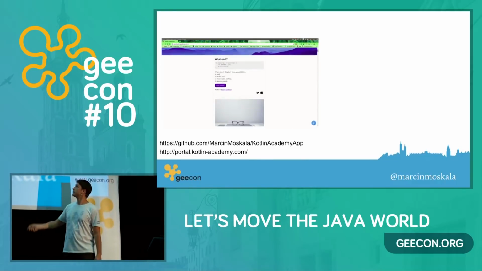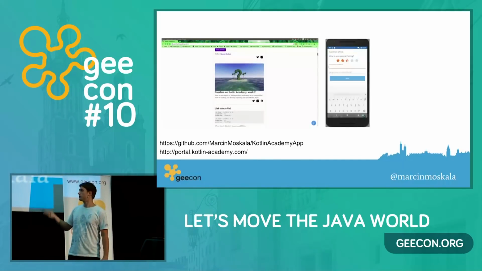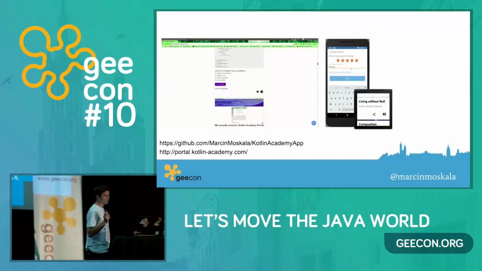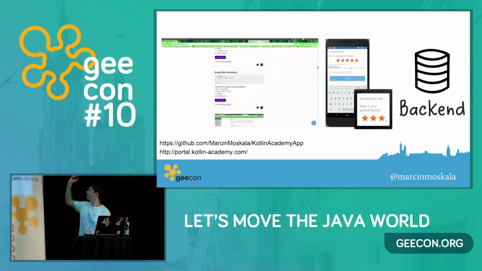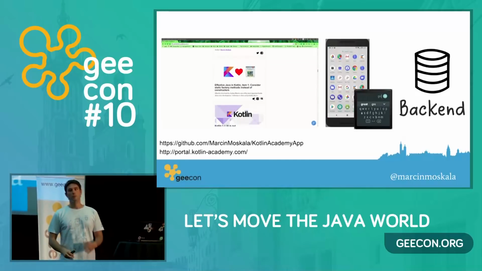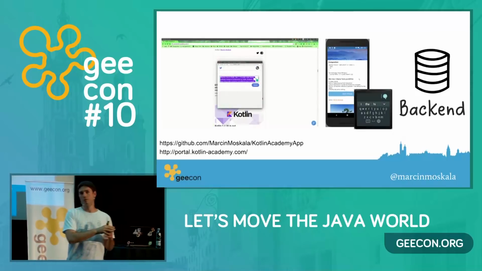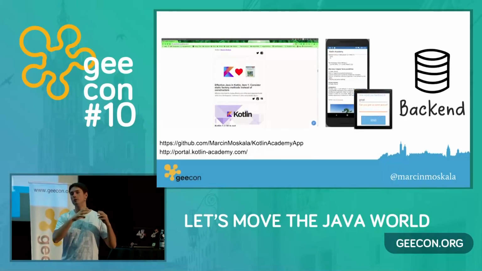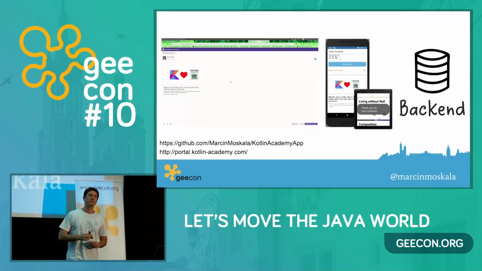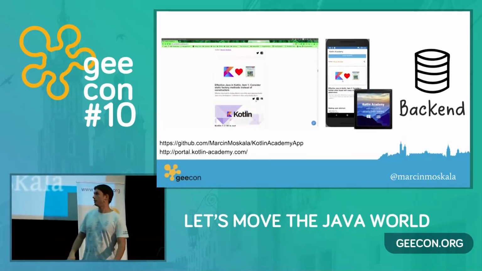It has an Android application, also written in Kotlin. It has a watch application, written in Kotlin, and it has a backend. And everything uses coroutines, including common modules, because this multi-platform project in Kotlin can have common modules, so we can reuse code, and coroutines are supported in common modules.